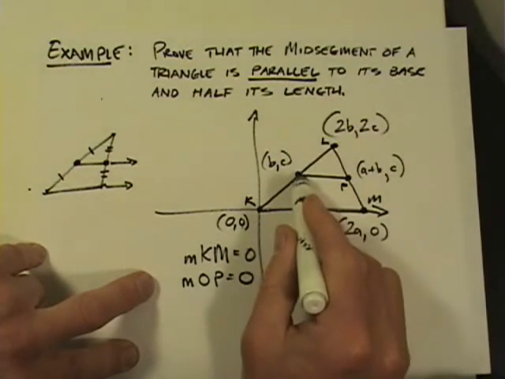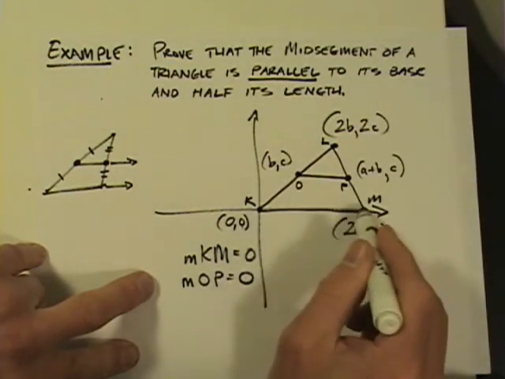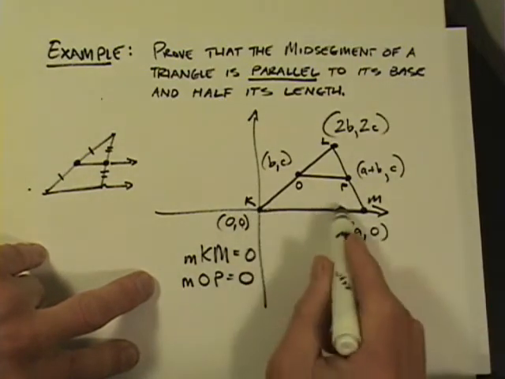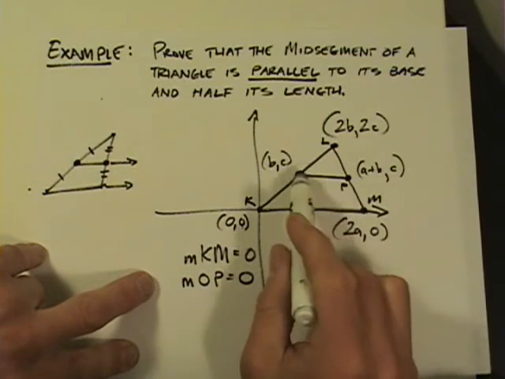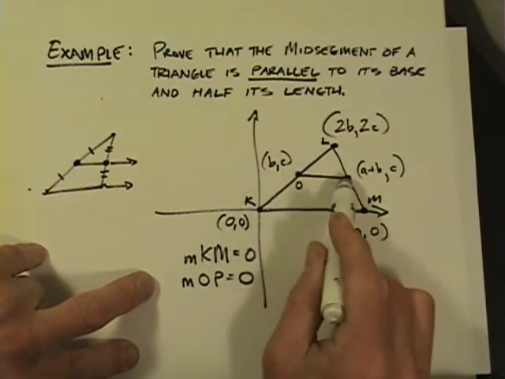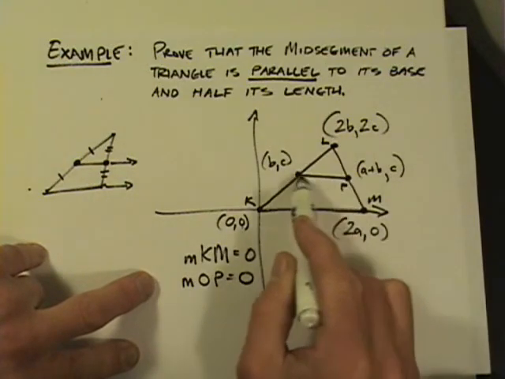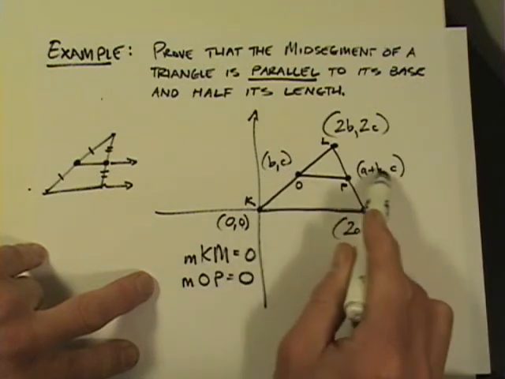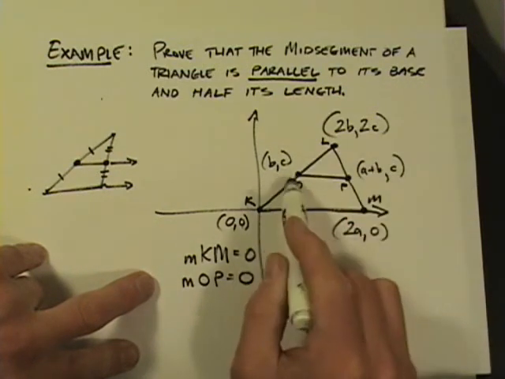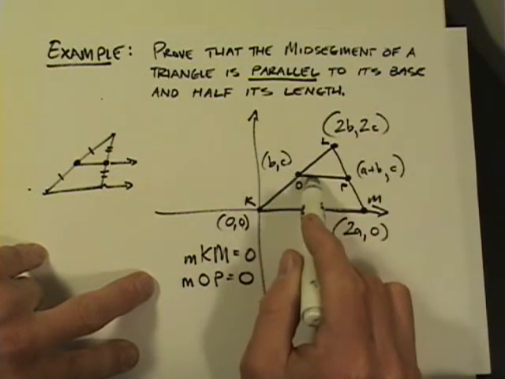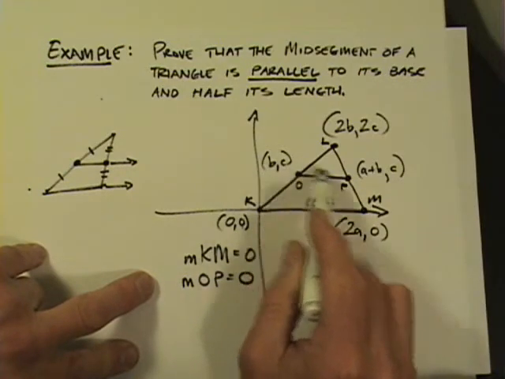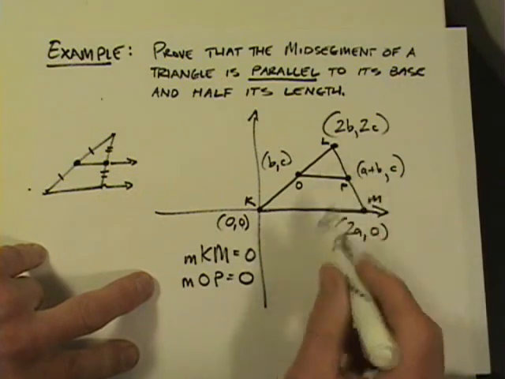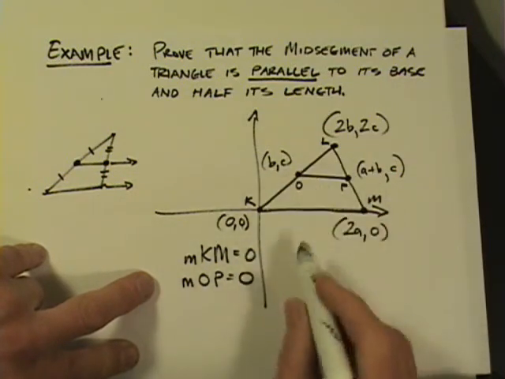But then I want to show that this is half the length of this side. Well, this side KM, the length of KM is 2a. Well, the length of these two, I'm going to do that by just noting that because they're along the axis here, the distance is not going to change at all in the y dimension. It's only changing in the x dimension, and that's just going to be the difference of those two coordinates.